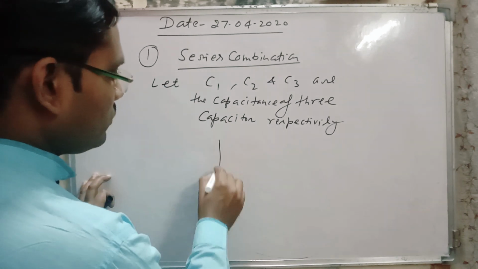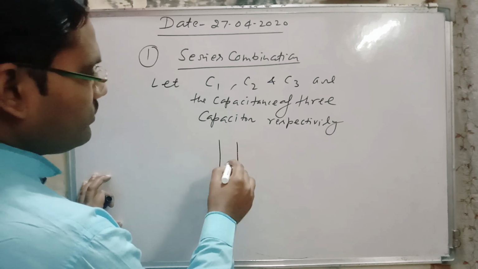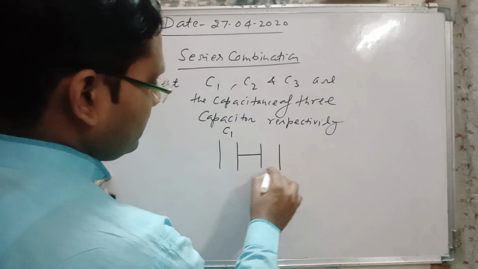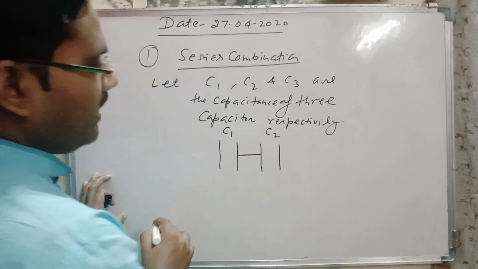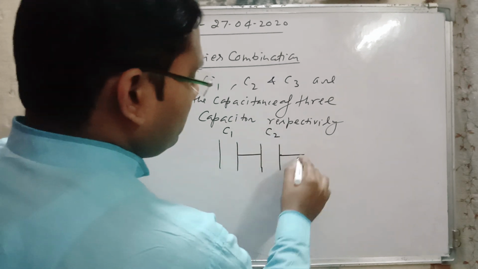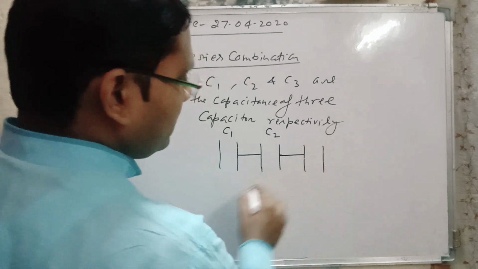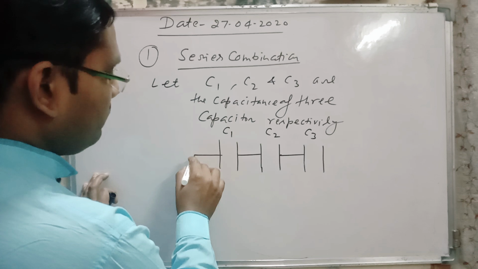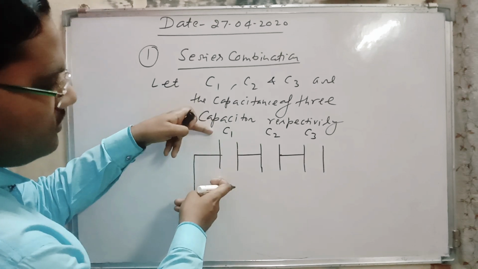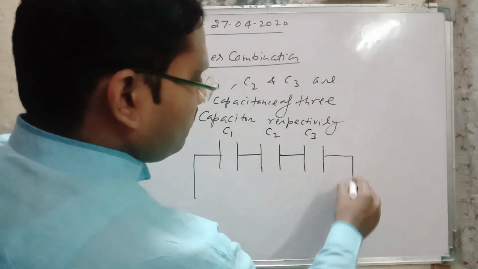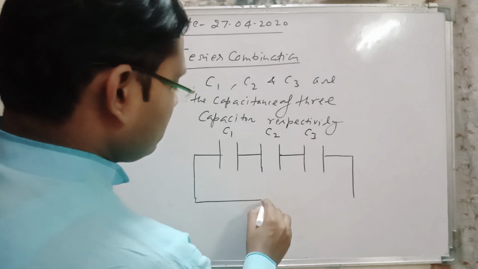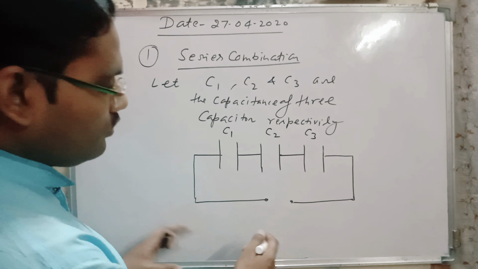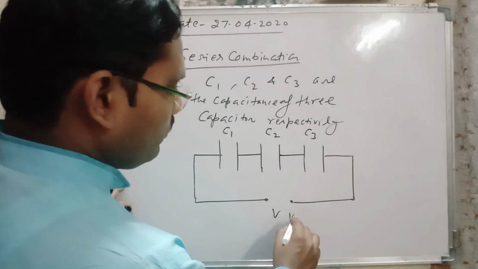This one is the first capacitor with capacitance C1, connected with the second capacitor with capacitance C2, which is also connected with the third capacitor with capacitance C3. The first plate of the first capacitor and the second plate of the third capacitor are connected across an electric source of potential V volt.